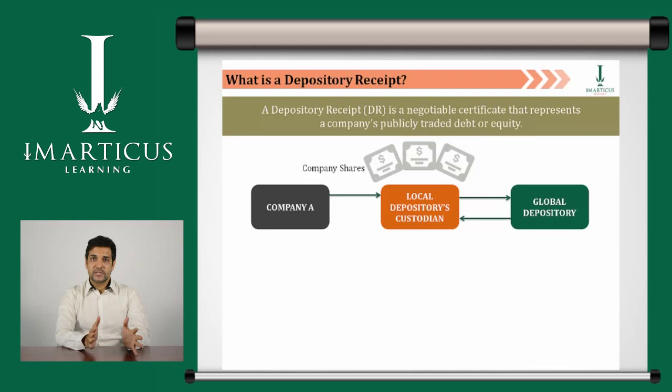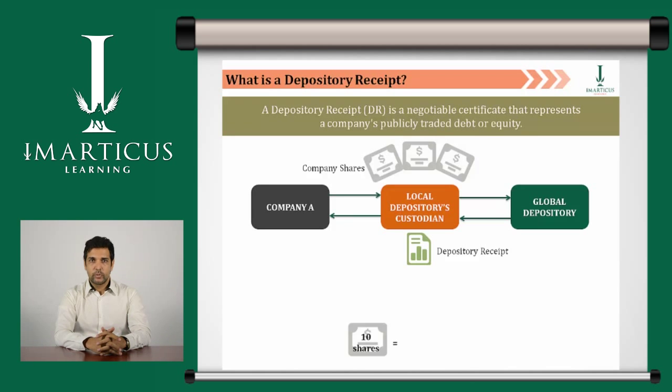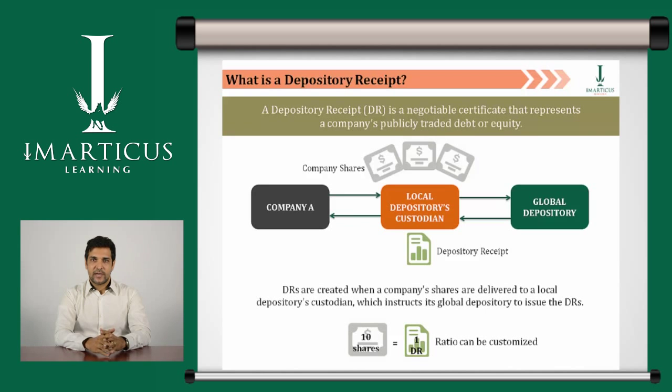The global depositor will issue the DRs when all the terms and conditions are met from the said market. Now these DRs are given to the local depository's custodian, who further passes on these DRs to company A. Usually, DRs are issued for every 10 shares, but the ratio can be customized.